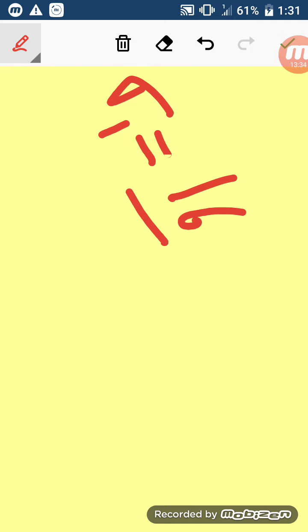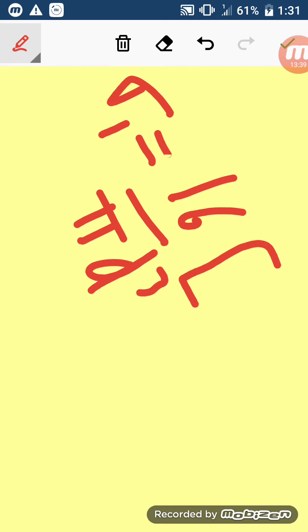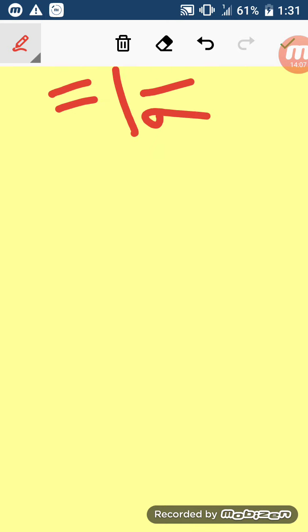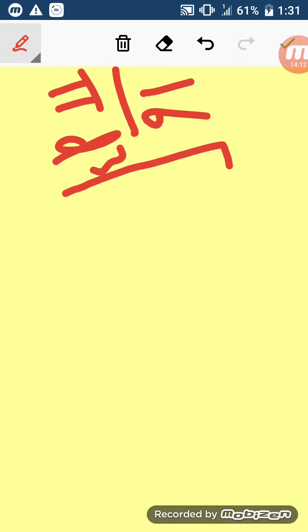Our equation was 16 upon pi d cube, then M plus under root M square plus T square, remember, right? So we will apply those factors. What factors? Shock and fatigue factors. So I'll just change it, 16 upon pi d cube, right?